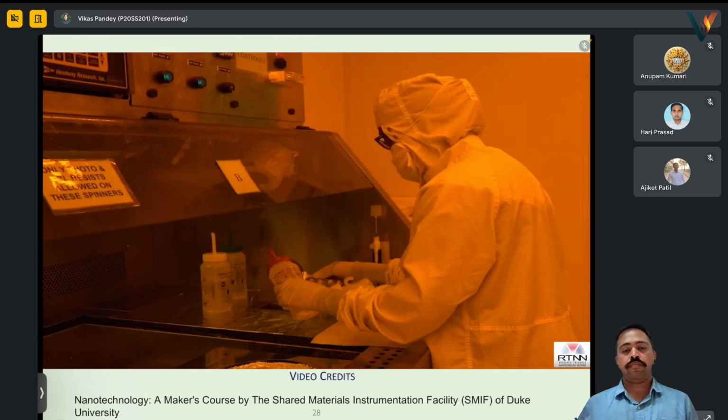So why we choose a specific resist, once we get into this, there are a lot of other considerations also, that this resist should not get affected by the etchant that we are going to use.